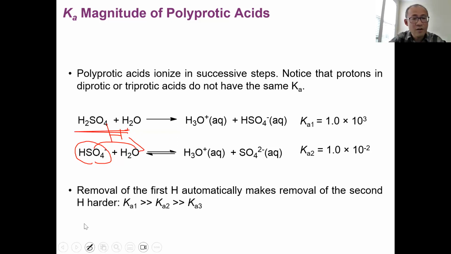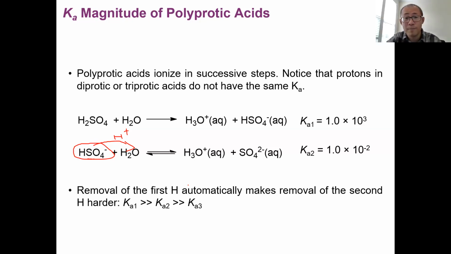Taking a proton, which is positively charged, from a negatively charged species is much more difficult than taking a proton from a neutral molecule, H2SO4. That is the main, more straightforward explanation why the second proton ionizes very weakly, relatively weak compared to the first one.